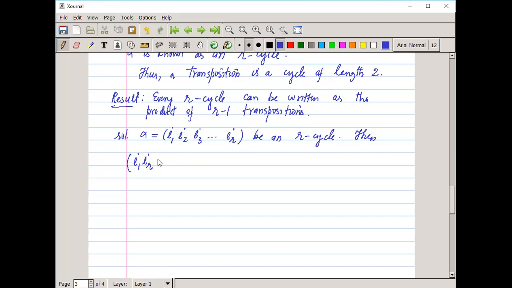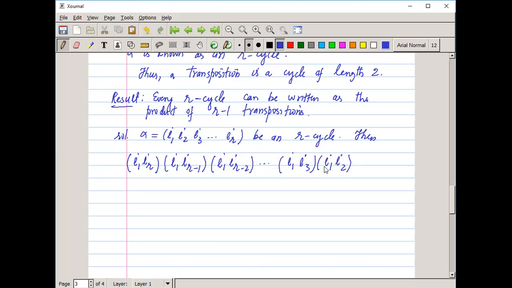Let's choose this to be the first transposition. Then second is (I1 IR minus 1), then (I1 IR minus 2), and so on, and similarly (I1 I3), then (I1 I2). When we take the product of all these permutations, we will obtain this R cycle alpha.